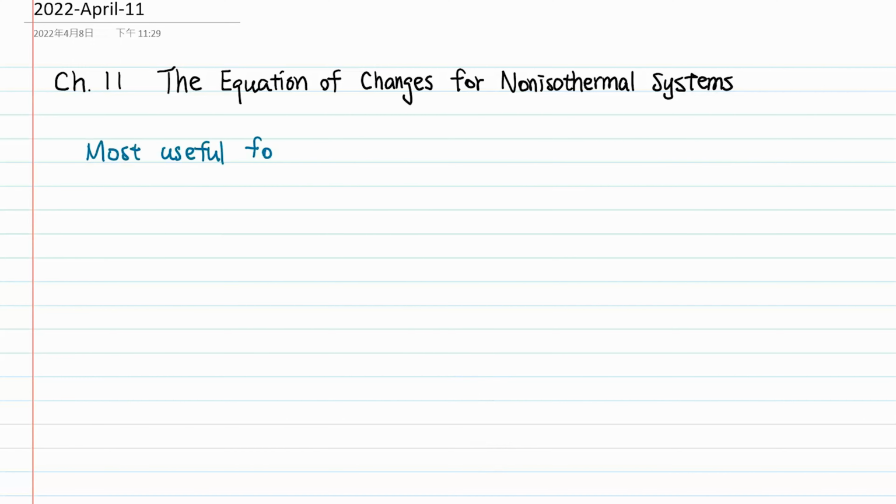What do we care about the most when we're dealing with non-isothermal systems? If you think about what we did in chapter 10, we're always trying to figure out the temperature profile of a system. If we know the temperature profile, we know the gradient of the temperatures, then we can figure out the fluxes and the heat transport.